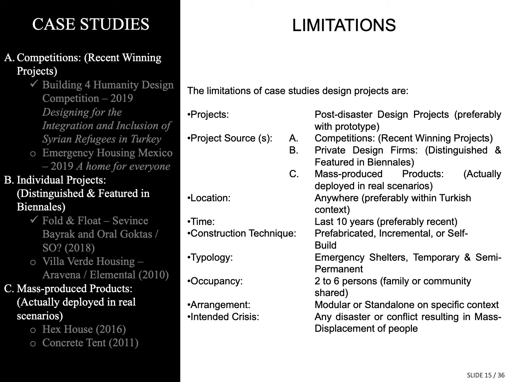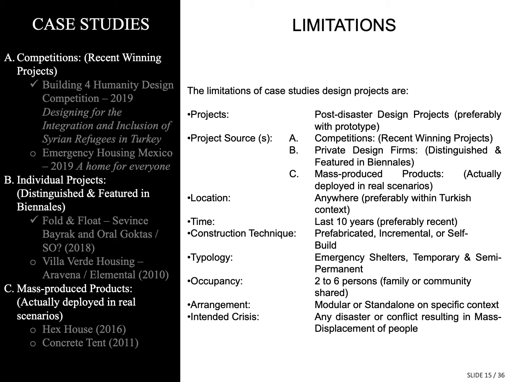The case studies from competitions, individual projects, and mass-produced products are selected as per these limitations or criteria. These are from post-disaster design projects from different sources like competitions, design firms, and mass-produced products located anywhere within the last 10 years, either prefabricated, incremental, or self-built.